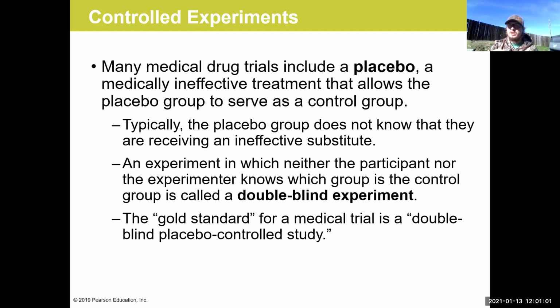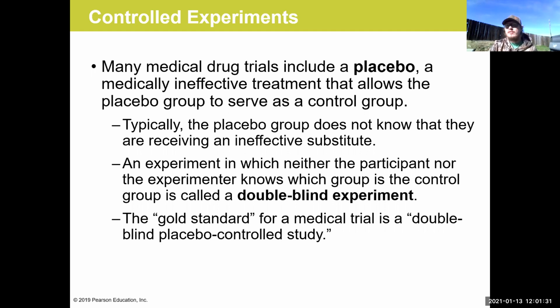If you're giving medication for controlling blood pressure, and a doctor knows that this group is getting the medication and this group is getting the placebo, they may not purposefully, but they may measure the blood pressures differently, not be as accurate in their measurements, that sort of thing. So you want to eliminate those biases.